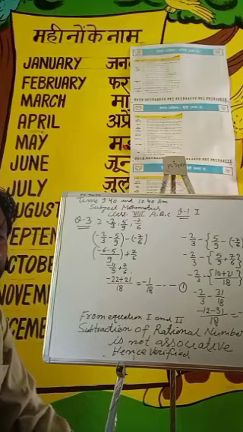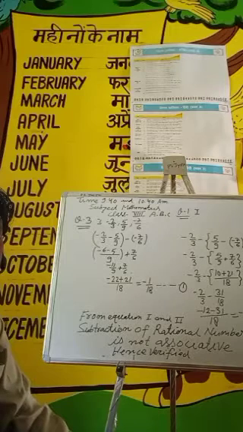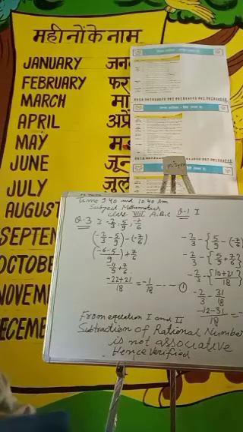Now question number 4. Subtract the following: minus 32 upon 13 from minus 6 upon 5.